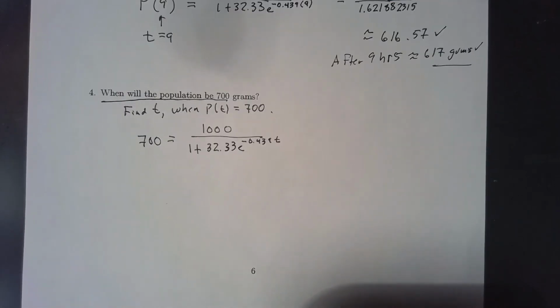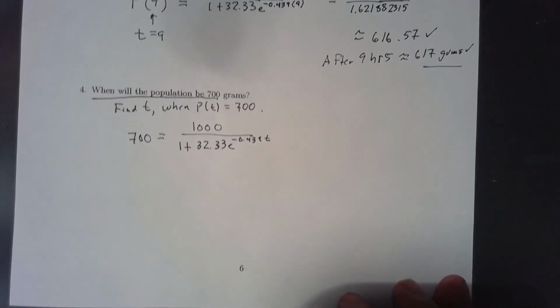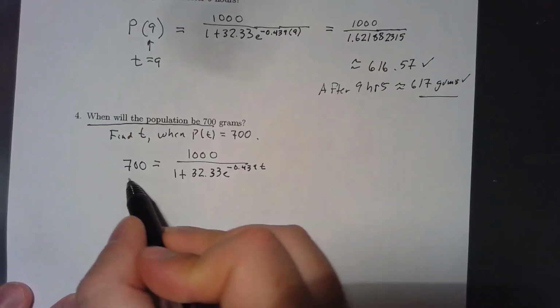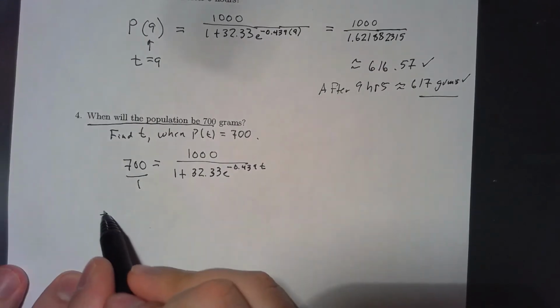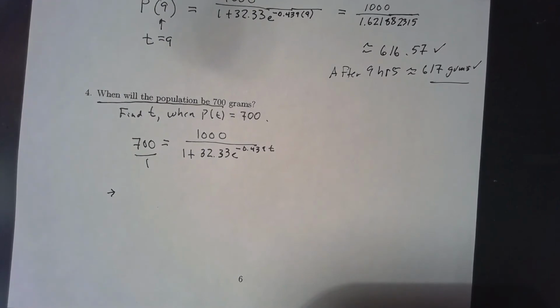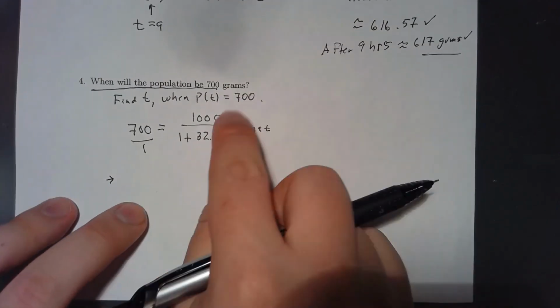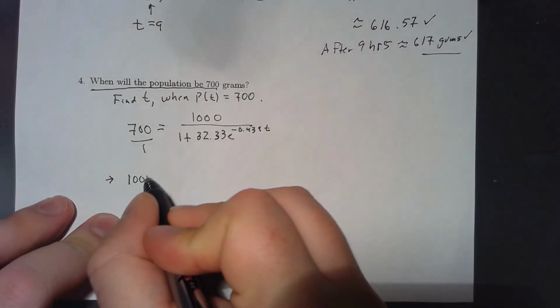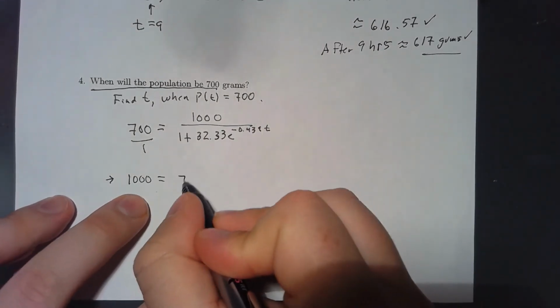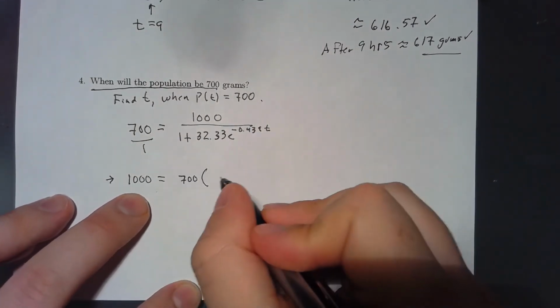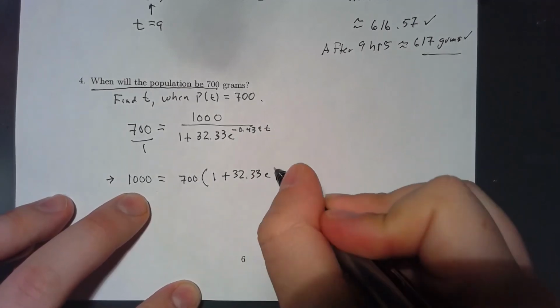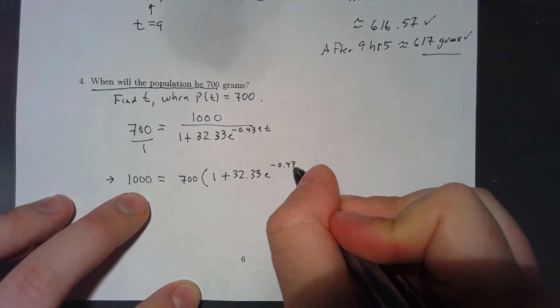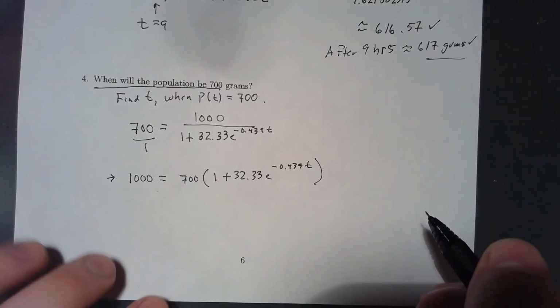Okay. Well, what I'm going to do here is cross multiply. And when I do that, I get 1,000 equals 700 times the quantity 1 plus 32.33 times e to the negative 0.439 t.